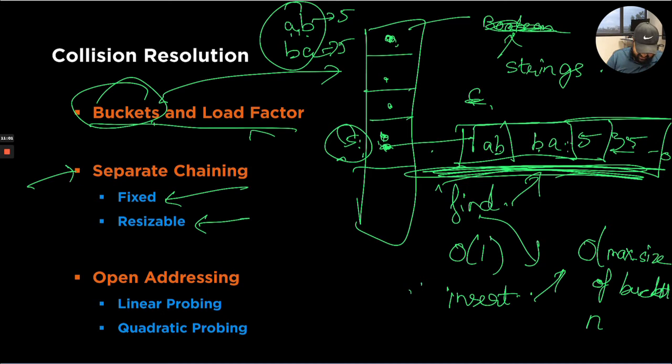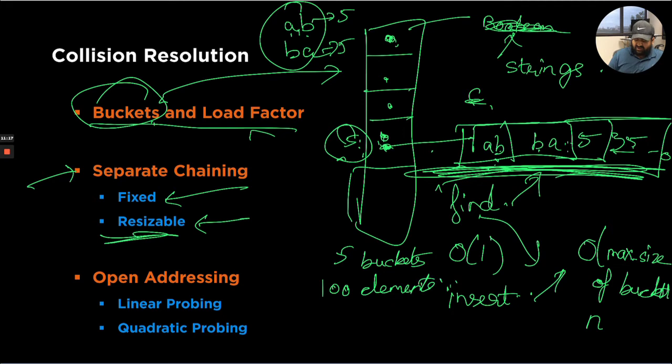So let's say we had 5 buckets and 100 elements, and all of them hash to index 5. Now the time complexity is of the order of O(100).